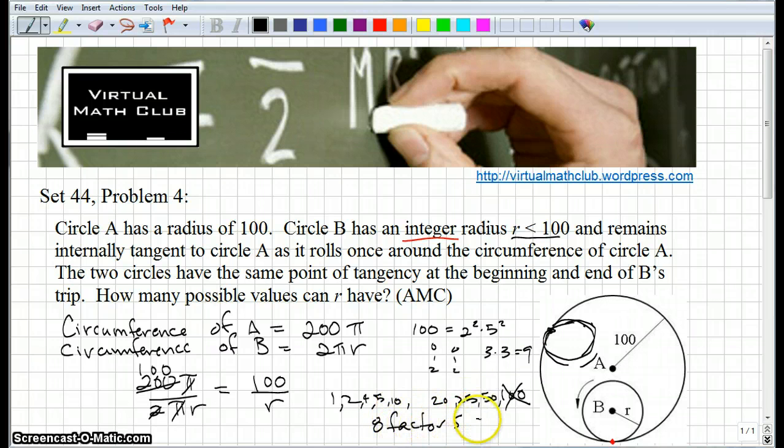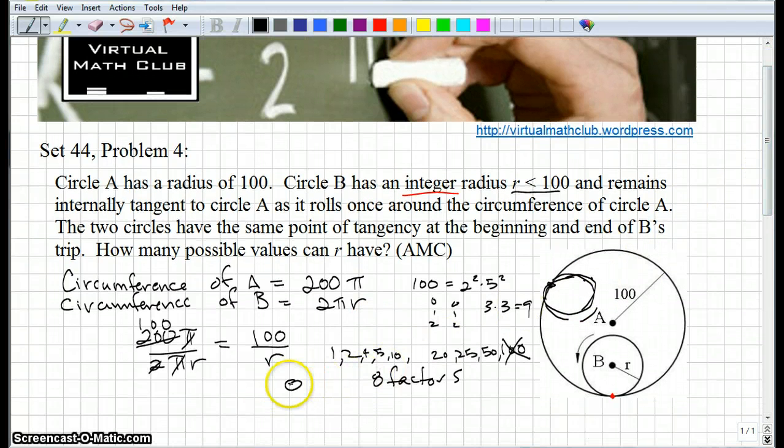That means that we have 8 possible values for r, so that the radius of A is an integer multiple of the radius of B.